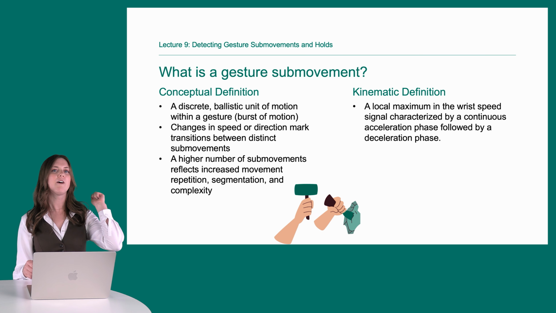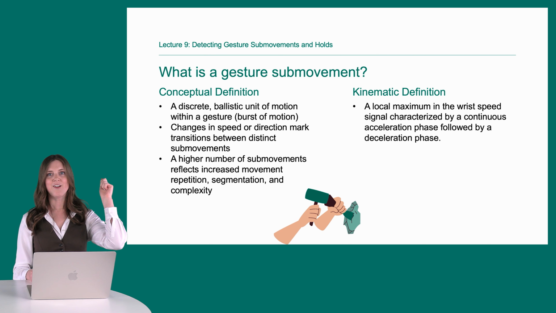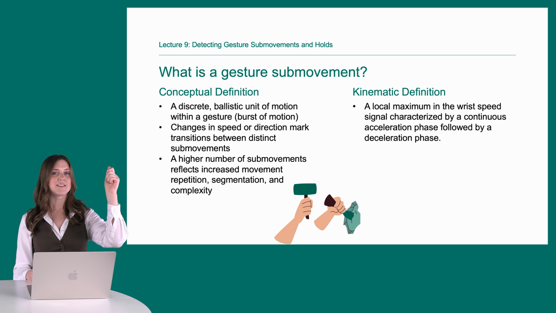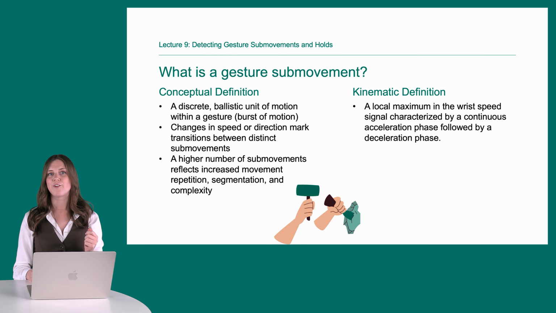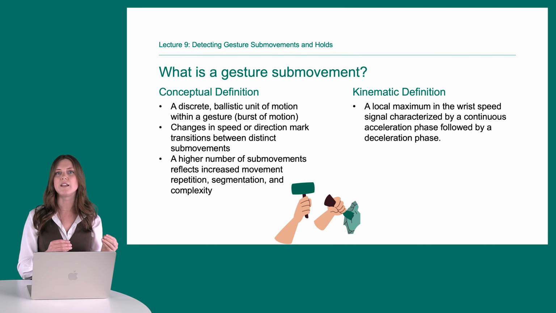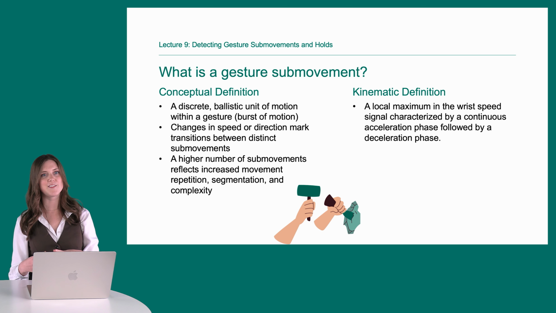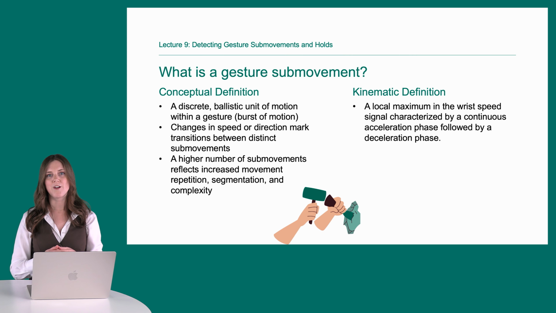So think about that forward stroke of the hammer gesture. When I start, my speed is near 0. Then I accelerate at some point reaching a peak speed and then decelerate at the end of the movement before I change direction. So this single rapid movement contains an acceleration phase, a peak speed, and a deceleration phase. This is what we're looking for.